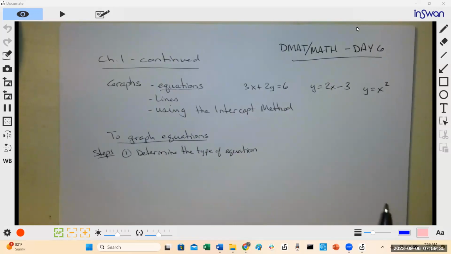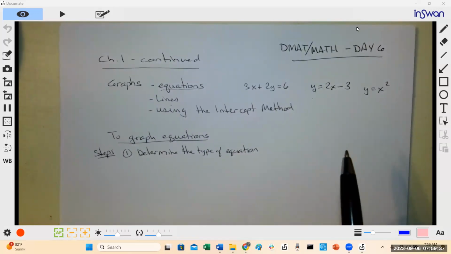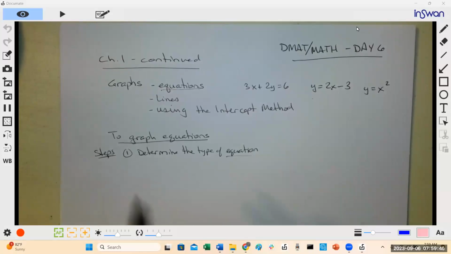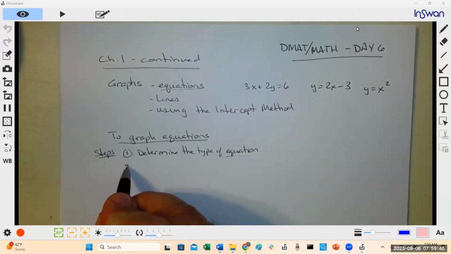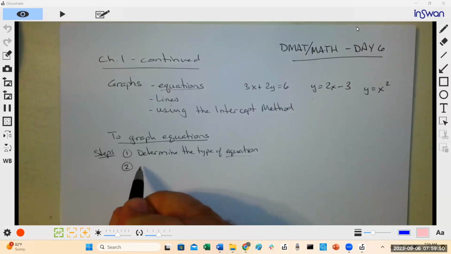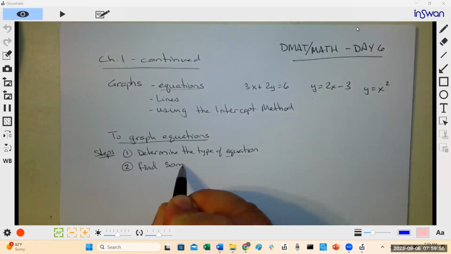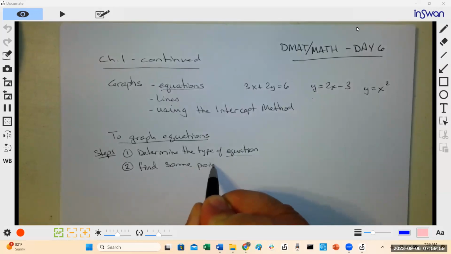And we're going to talk about that next class, when I give you all a worksheet in class where we'll fill it out. There are 12 different types of equations that we can deal with. Each one has their own basic shape. And then find some points.